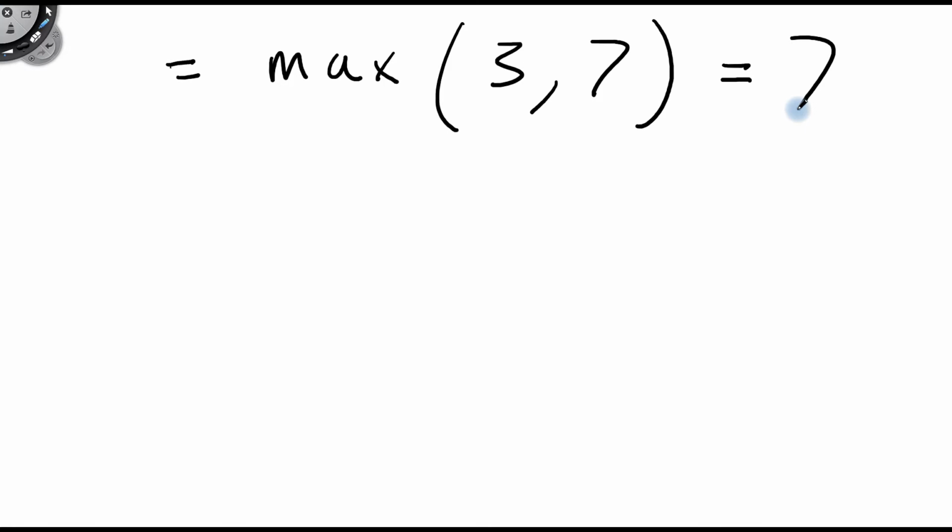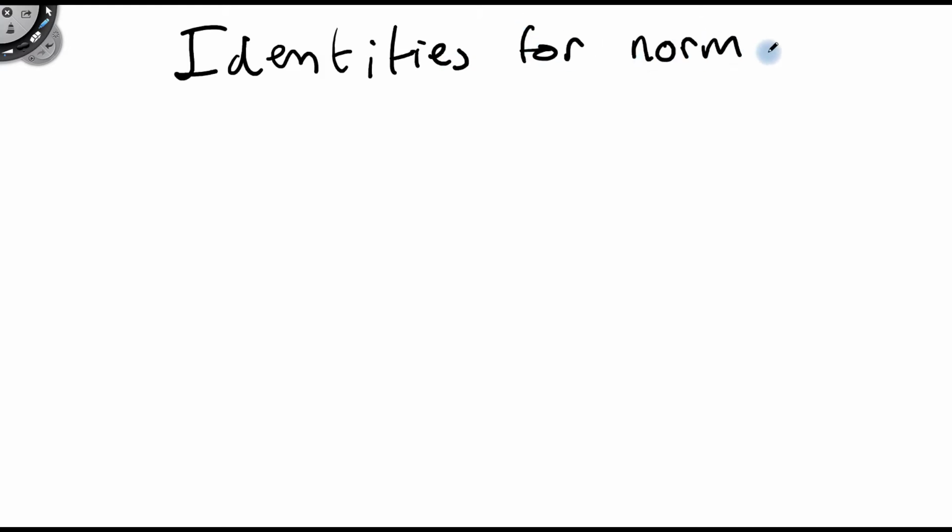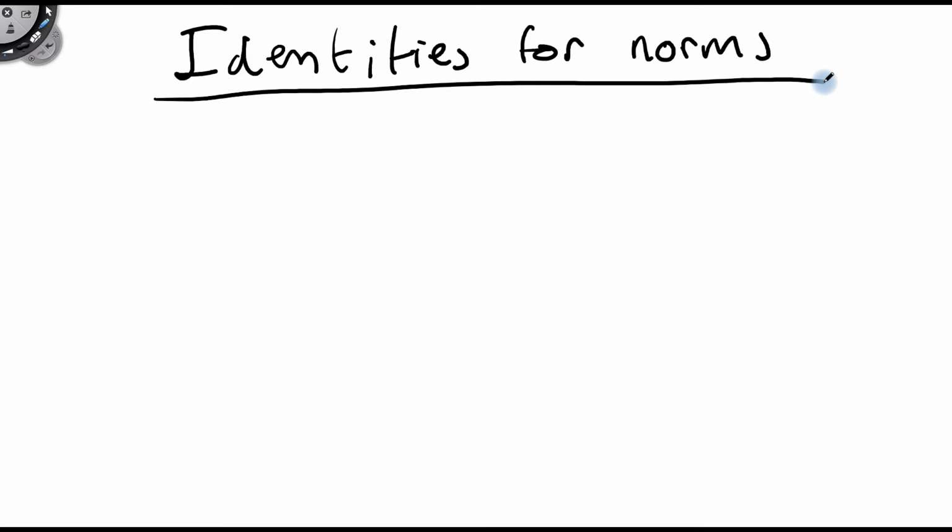Often with absolute values, you have some identities that you either state or implicitly use when you're doing that. But it's useful before we proceed a little bit further to state them. For these norms there are 2 useful identities that come in.